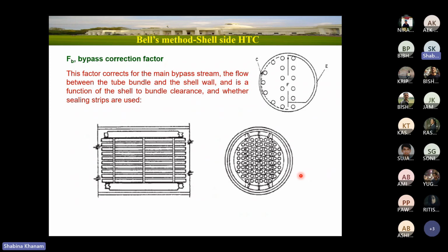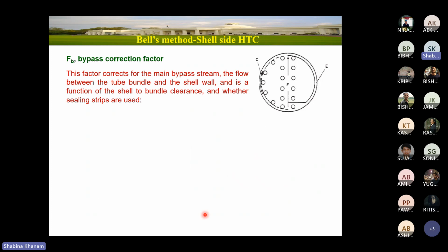Because the fluid will come over this, dispersion or movement of the fluid will be easier over here in comparison to the clearance at the top and bottom. Okay, so these are the sealing strips.